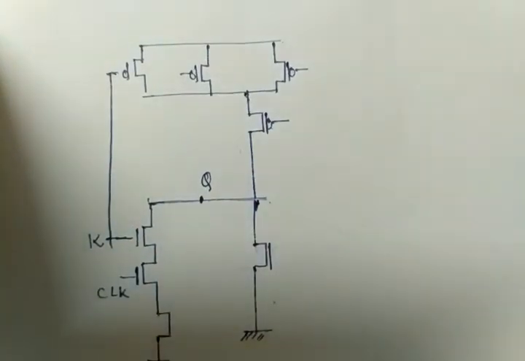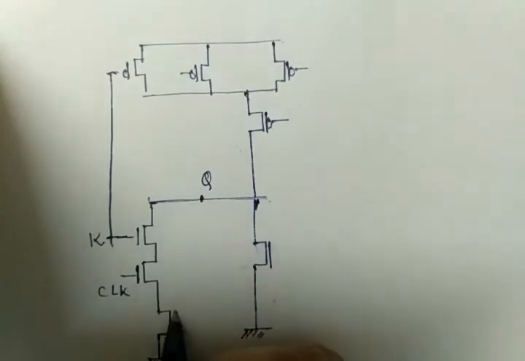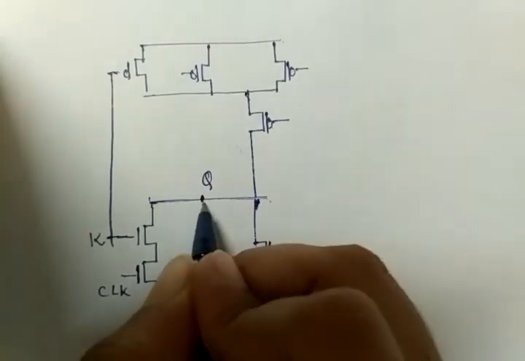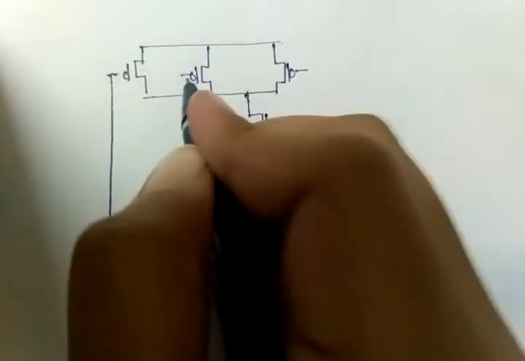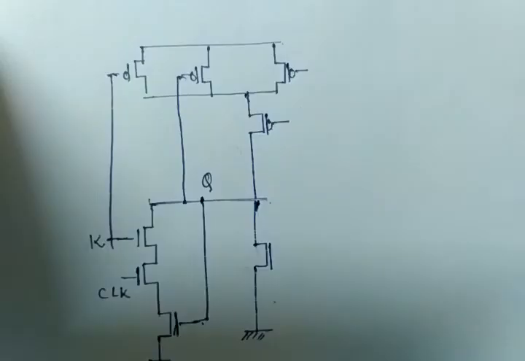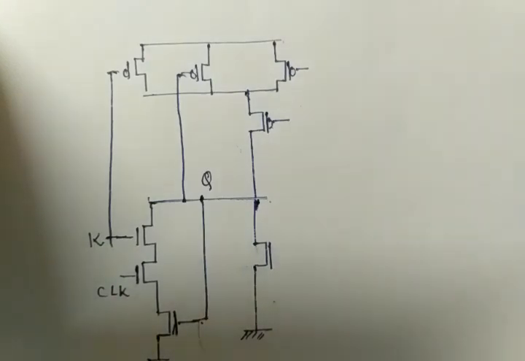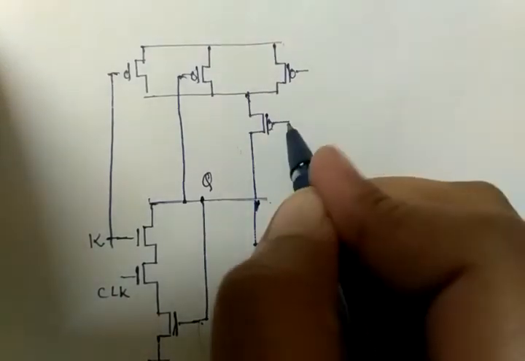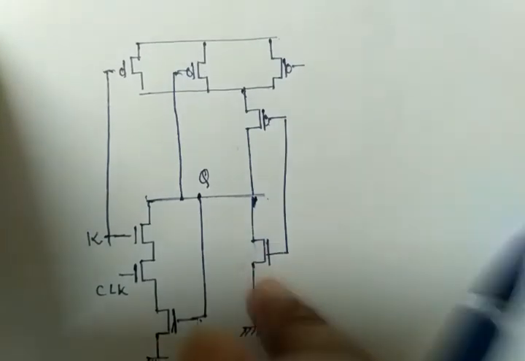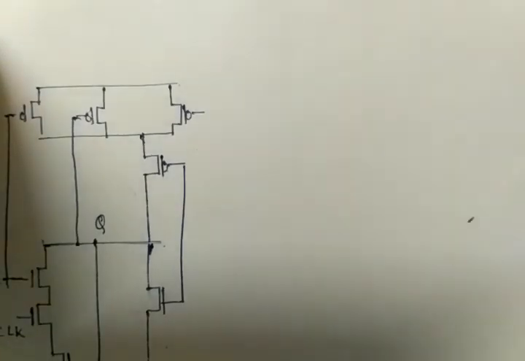Clock, please leave it out to do the short connection as I did previously. This Q is connected to this NMOS as well as this PMOS, so Q is connected to NMOS and PMOS. So it is designed using CMOS. And these two sections are shorted because Q bar will be connected over here. The same system will be replicated in this section.